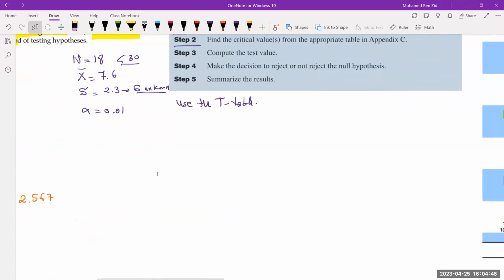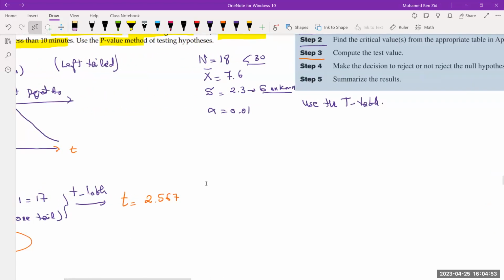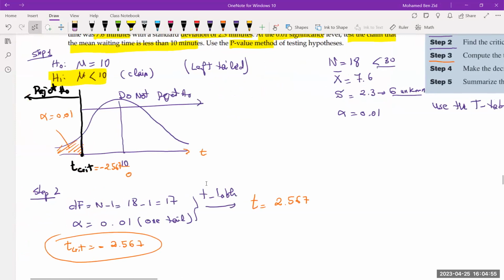Now we are moving on to step number 3. In step number 3, they want to compute the test value. So here we are in the case of only one sample, all right? And for one sample, we are using the T value, the T-stat, right?